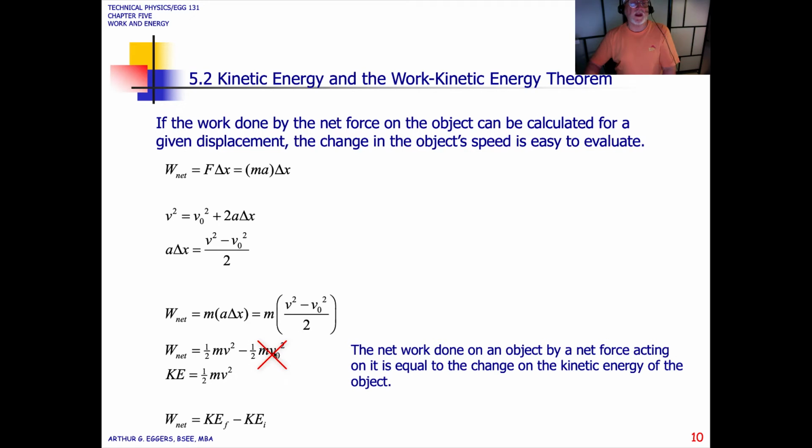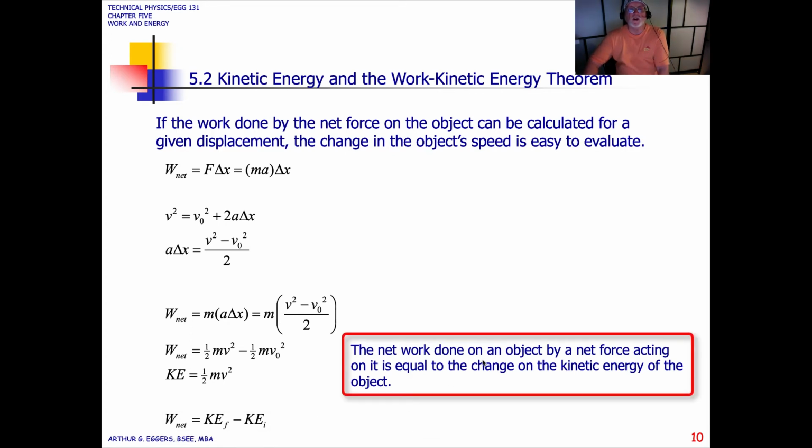So what we end up with here then is a term, like I said, most of the time this term goes to 0, that we can call kinetic energy. So kinetic energy is equal to 1/2 the mass times the velocity squared. So we can look at this then by breaking it apart and saying, well, then the first term would be kinetic energy final minus kinetic energy initial. And you'll get used to using these in your analysis and your work.